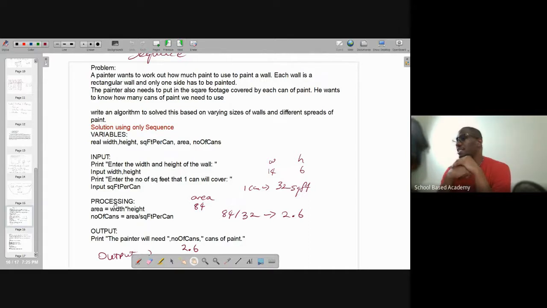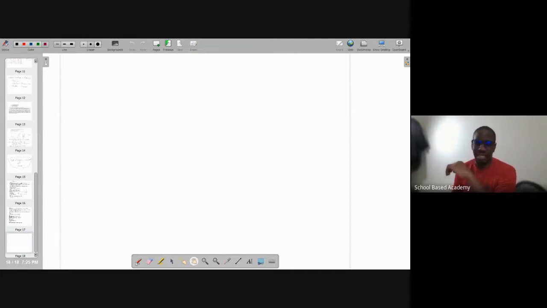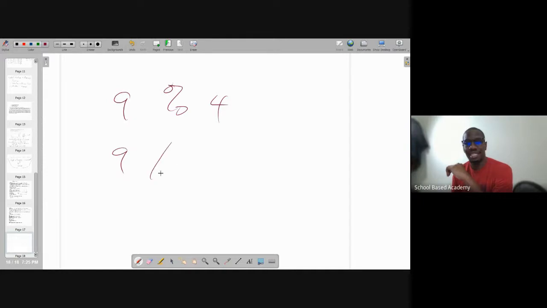No, modulo division is a form of integer division. Remember, it returns the whole number remainder, right? So again, just to recap on that, it's if it is that you have the integers, right? 9 modulo divided by 4, right? Remember, a regular integer division, 9 divided by 4 will give you 2.